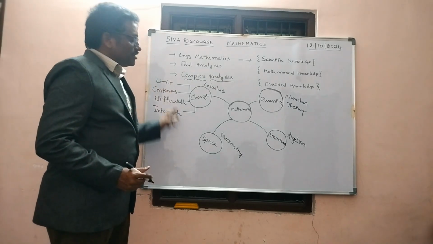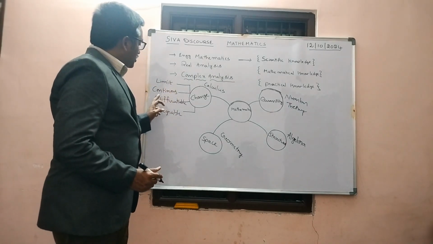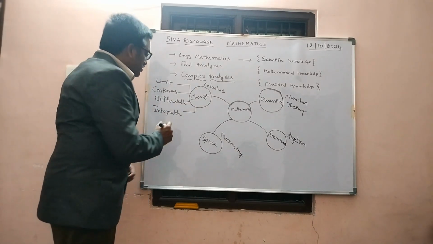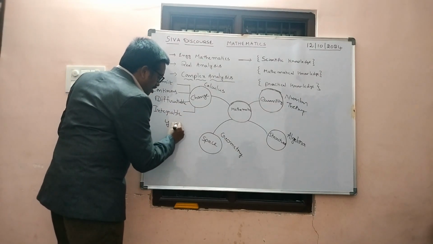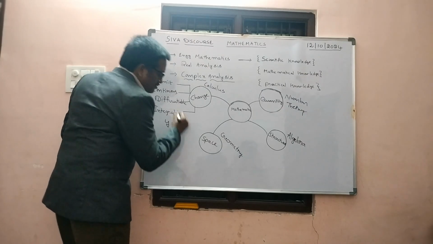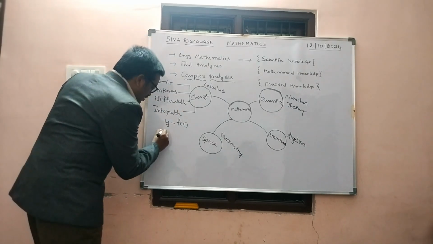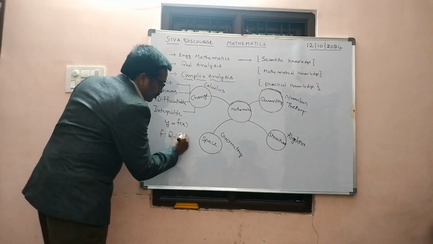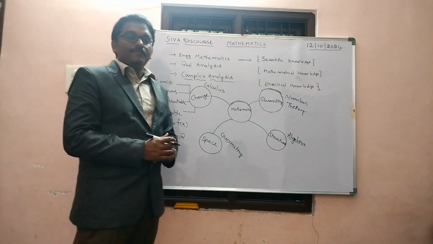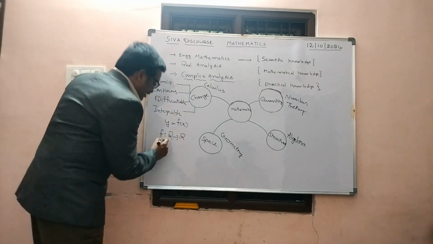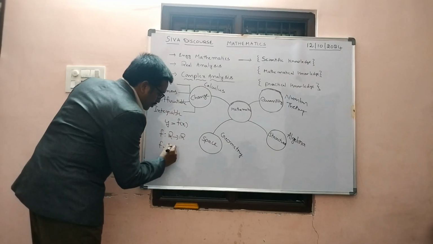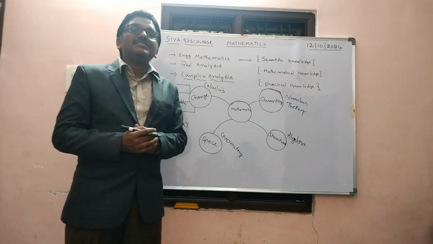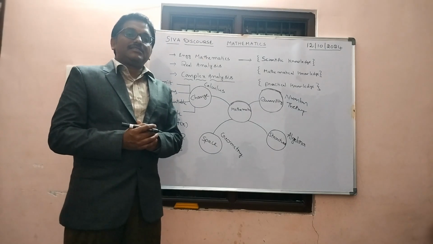If we are discussing these four topics, limit, continuity, differentiability and integration, for functions of a single variable, it means a function is defined from a subset of the real number set to another subset of the real number set. So we can generally call it f from A to B, where A and B both are subsets of the real number set.